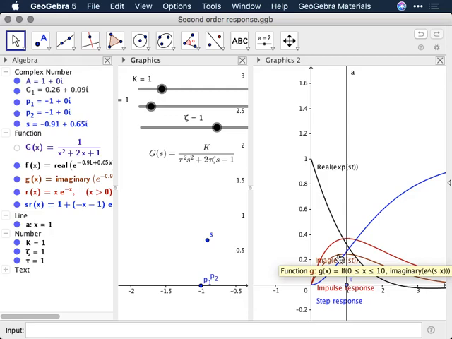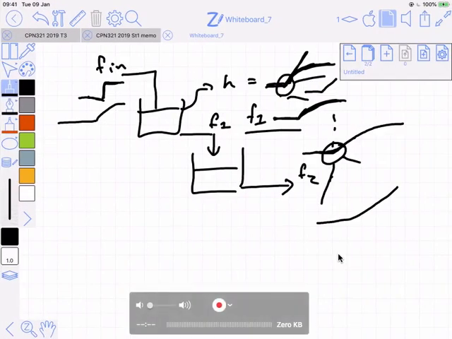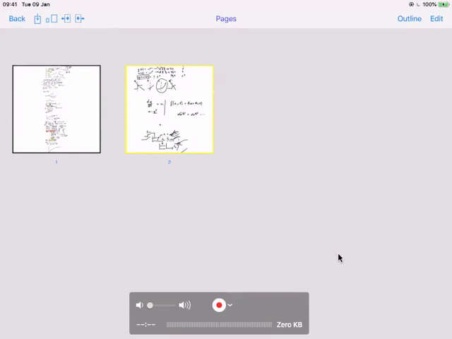The sign that this is not a first order step response is the fact that it has non-zero higher order derivatives. First order systems have step responses which have a discontinuous derivative, because there's only one differential equation. And so think about it: the left-hand side of this equation is the derivative of the function.